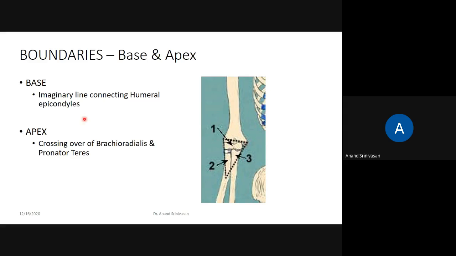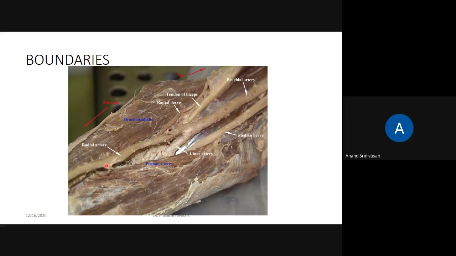Okay, so these are the three structures. Medially the pronator teres, laterally the brachioradialis, and the base is an imaginary line joining the two epicondyles. The apex is present at the place where the brachioradialis and the pronator teres cross over. Okay, so here you can see this is the apex.